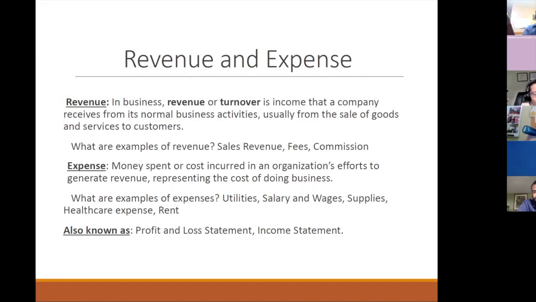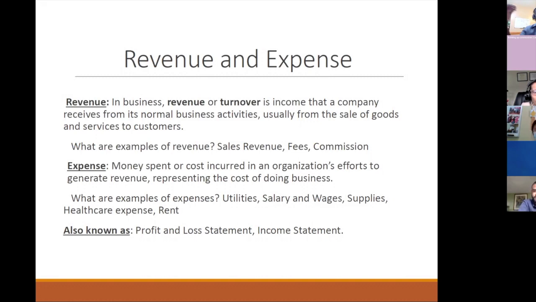However, if you sell your car, remember that even though you may use your car for business, your car is not part of your normal operation, so that is not going to be considered revenue. So we're going to talk about that a bit more.